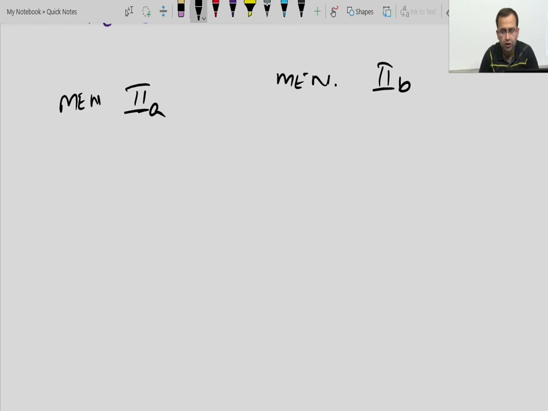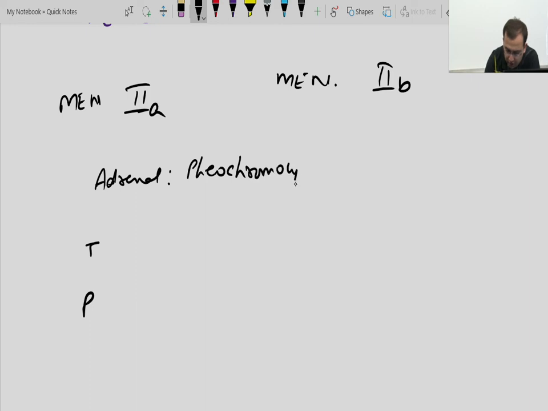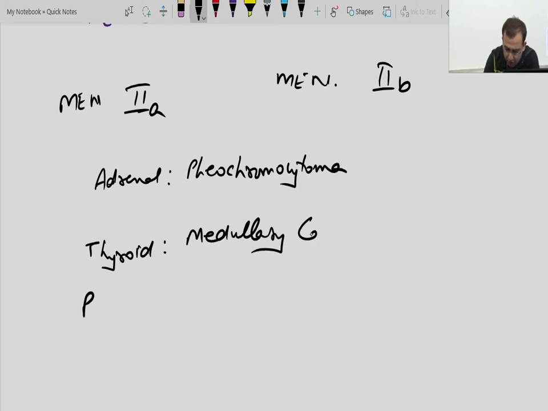In MEN2A, the organs involved are ATP, that is adrenal, where it is associated with pheochromocytoma; thyroid, which shows medullary carcinoma; and parathyroid, that is parathyroid hyperplasia.